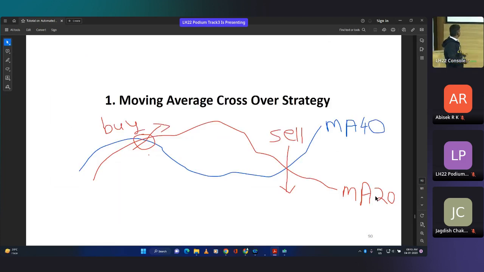There is a traditional, commonly known strategy called the moving average crossover strategy. I hope all of you are aware of moving averages.